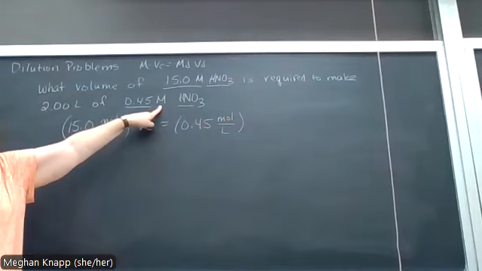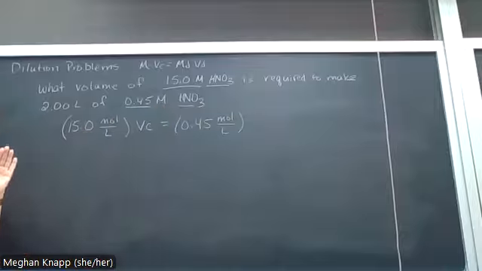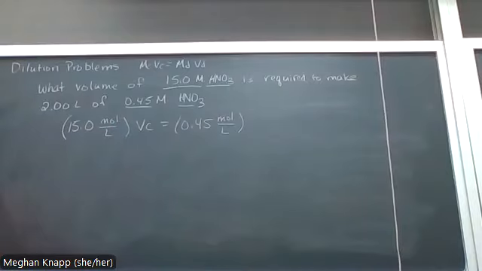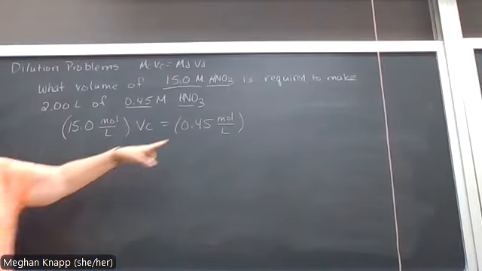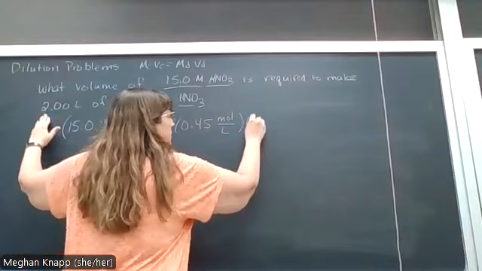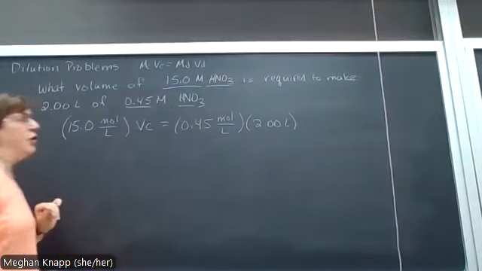So that's what I would say out loud if I were reading this. Molar is what I would say. So it's 0.45 molar. And molarity is the same thing as moles per liter. And then the 2.00 liters is my volume.